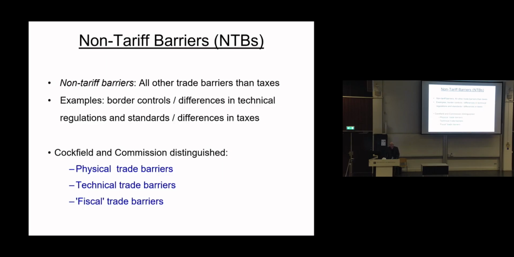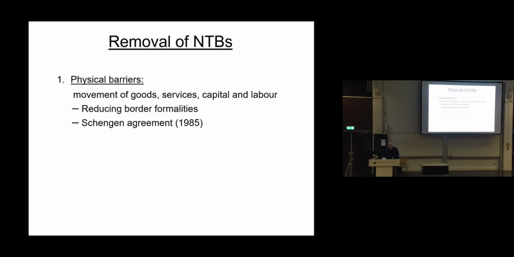All right. Now, in the report by Cockfield, 3 types of barriers were distinguished: physical trade barriers, technical trade barriers, and fiscal trade barriers, and they all had to be removed.